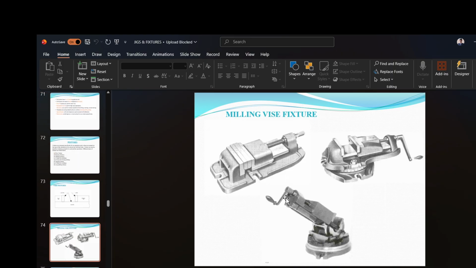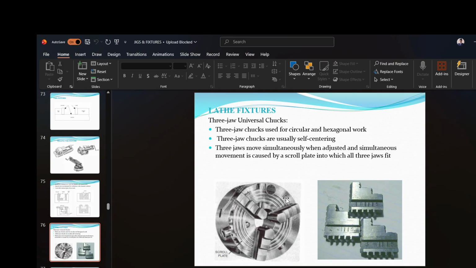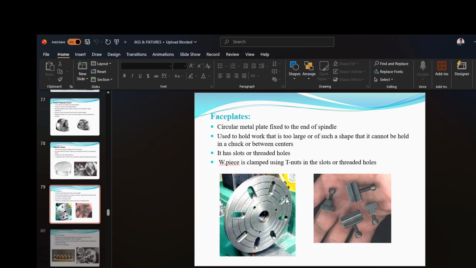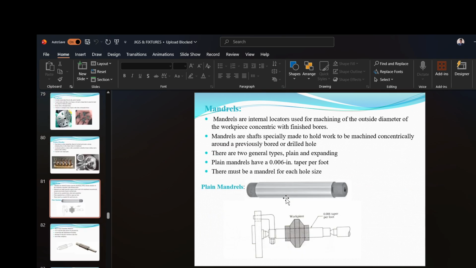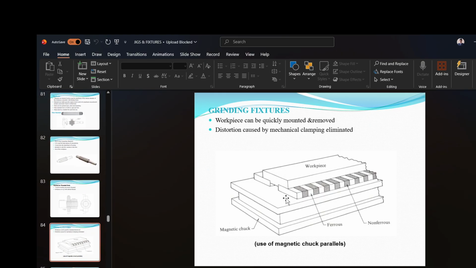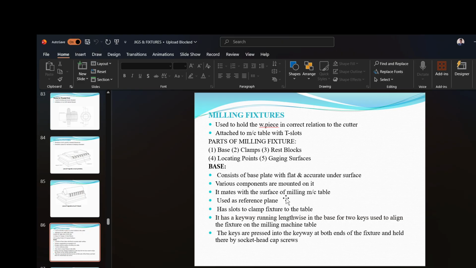So vice fixture, milling vice fixture, lathe fixture, four jaw independent chuck, magnetic chucks, face plate, collet chucks, mandrels, plain mandrels, mandrel for threaded parts, grinding fixture, use of magnet, chuck, bolt, milling fixture.